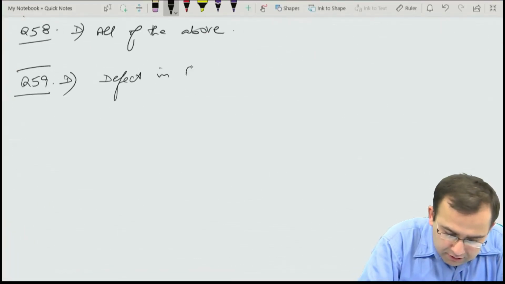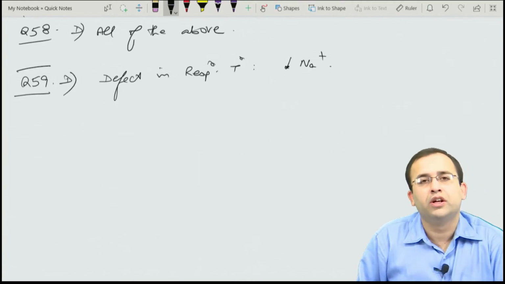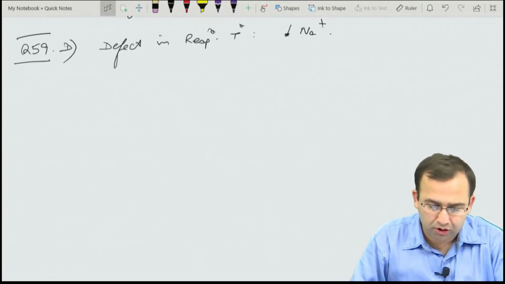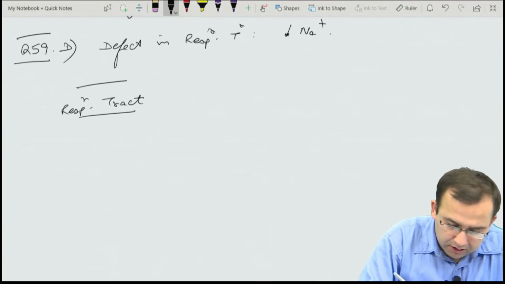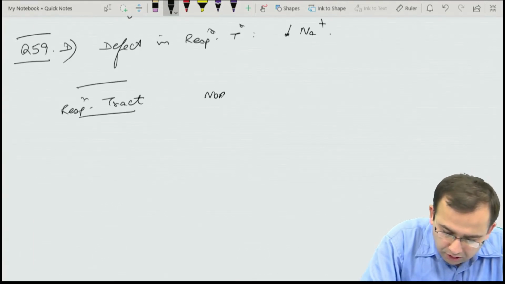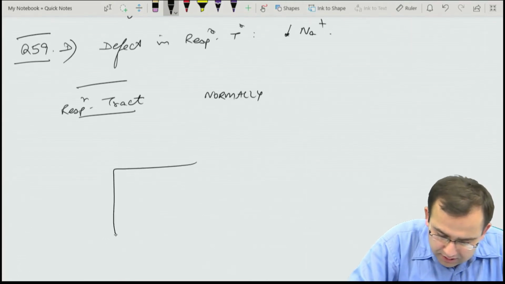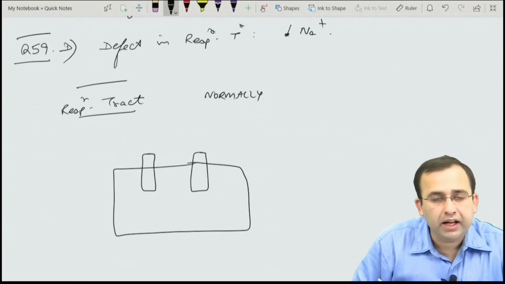Defect in the respiratory tract is decreased sodium. This is false. It is not decreased, it is increased sodium absorption. Let us have a look at this. In the respiratory tract, normally there are 2 proteins, CFTR and ENaC.